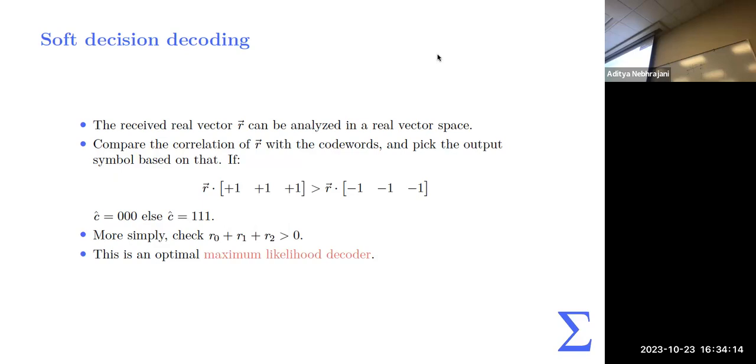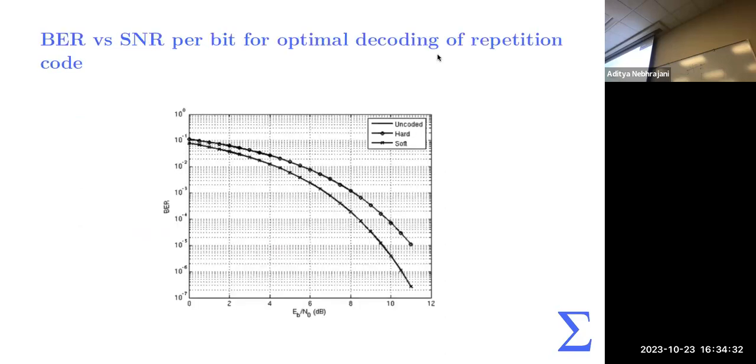And if you expand this out, the simplest thing you'll get is just check that the sum of the real numbers you get is greater than 0, and that's much better. Makes sense. And this is in fact the optimal decoding scheme for repetition codes. And it turns out this does exactly as well as an uncoded sort of thing. So we've gone back and achieved what BPSK gave us.